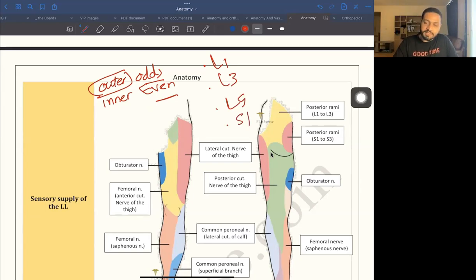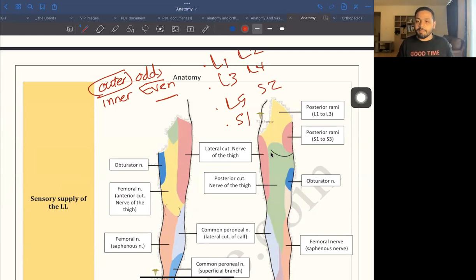And the inner is even, all right? The inner side of the thigh would be L2. Inner side of the knee and leg will be L4. And inner side of the foot would be S2, all right? So this is how I remember it. It's not absolutely correct, but there is overlap between the areas.